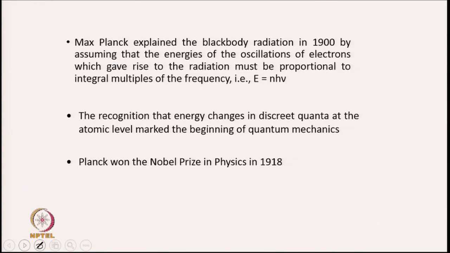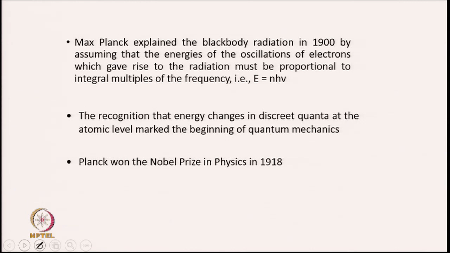Max Planck explained this deviation by assuming that the energies of the oscillation of electrons which give rise to radiation must be proportional to an integral multiple of the frequency, E is equal to n h nu.